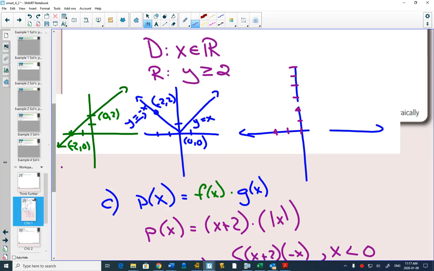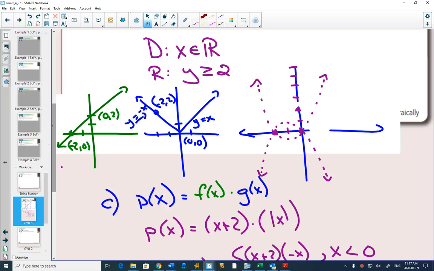If I have an x-intercept at 0 and negative 2, one parabola is going down. The other parabola is going up. What does my final graph look like?